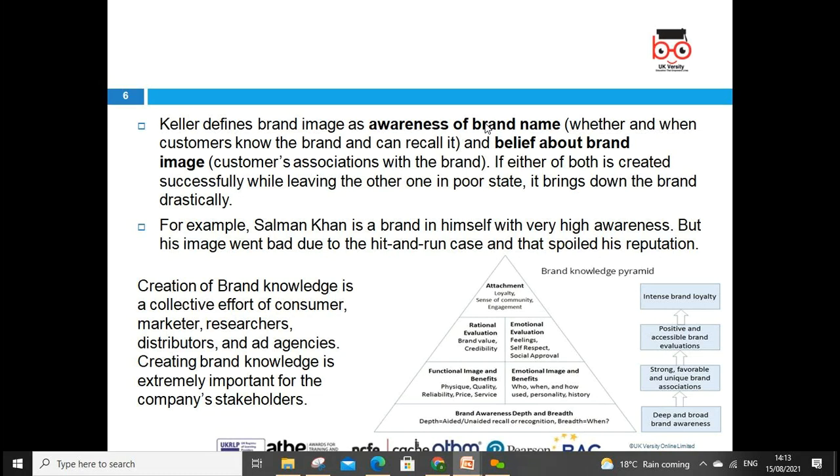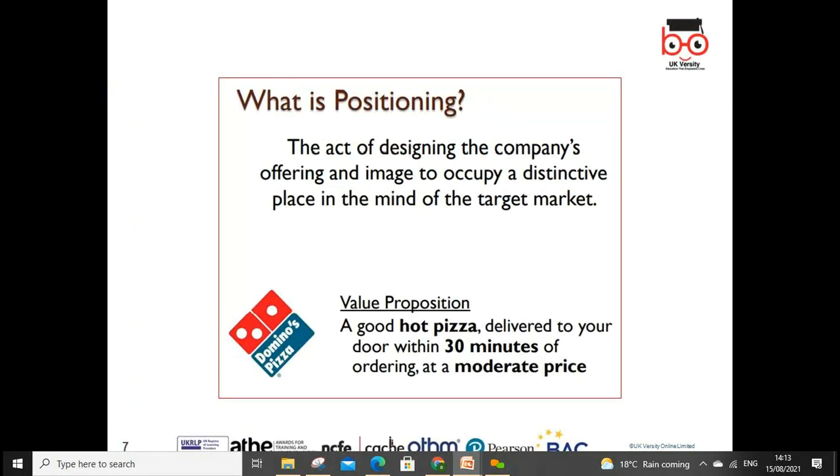Brand knowledge pyramid: attachment, loyalty, sense of community, engagement, rational evaluation, brand values, credibility, emotional evaluation, feeling, self-respect and social approval, function, image, and benefit and psyche, quality, reliability, price, service, emotional image, and the benefit, who, when and how to use, the personality, intense brand loyalty, positive, accessible brand evaluation, and strong, favorable and unique brand association.